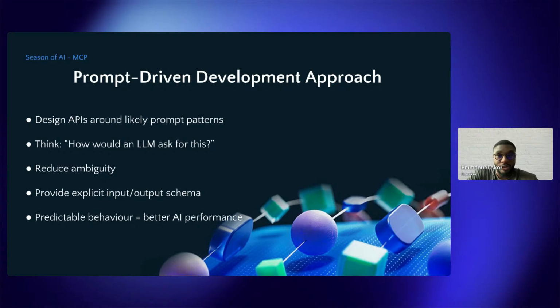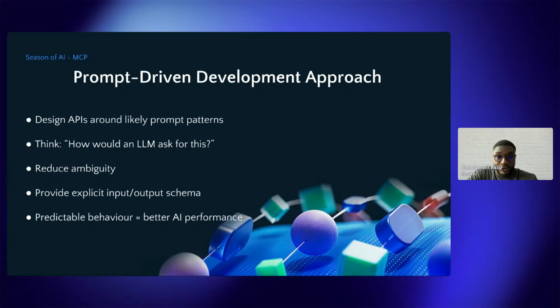So this is a unique mindset shift, if I may say, the prompt driven development approach. Instead of building APIs first and saying, okay, my model is going to figure them out, you design with prompts in mind. You ask yourself questions like, what would a model naturally request? Then you structure your functions and schemas around that. This helps you improve your accuracy and reliability.